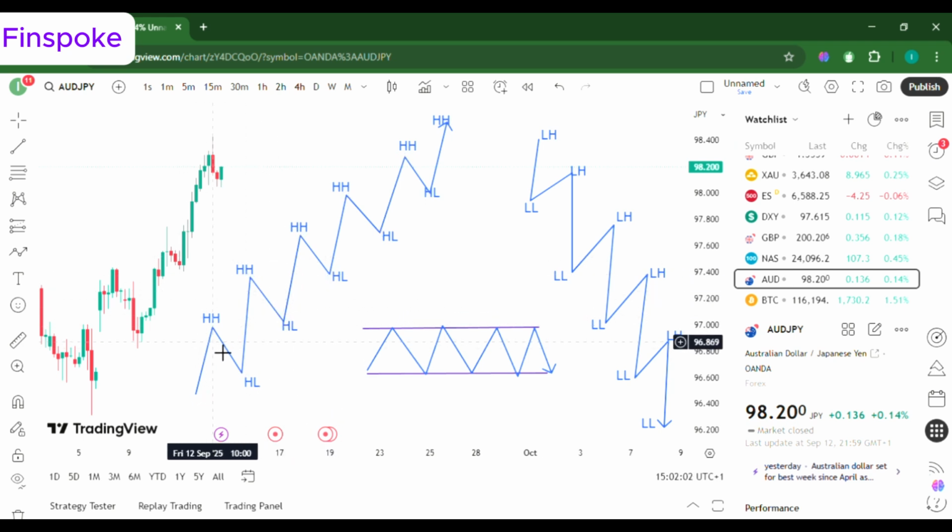Why is price doing this? It is moving in a particular direction, and in this case it is the upside. And it is also creating a turning point of lower high and lower low, pushing price to the downside. Now, you can say that at this point, price is trending to the upside.